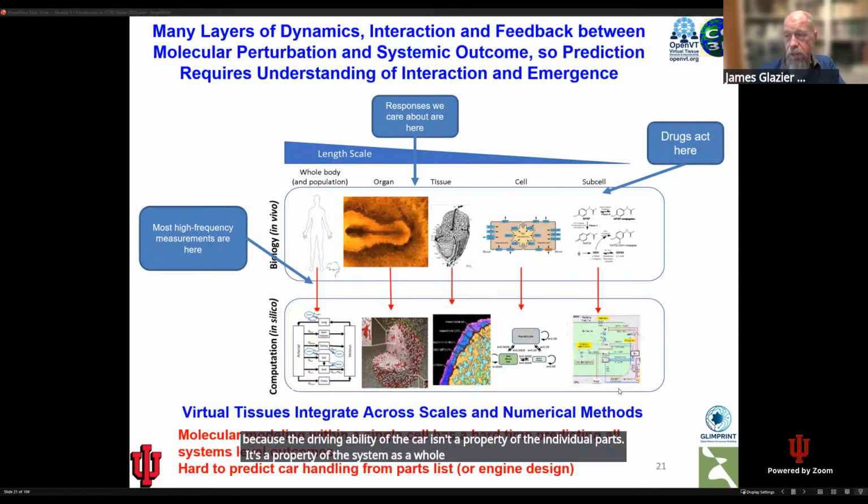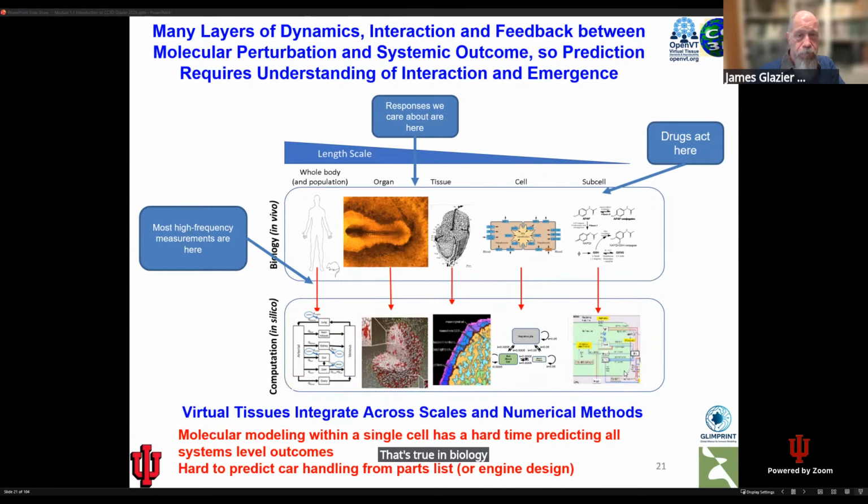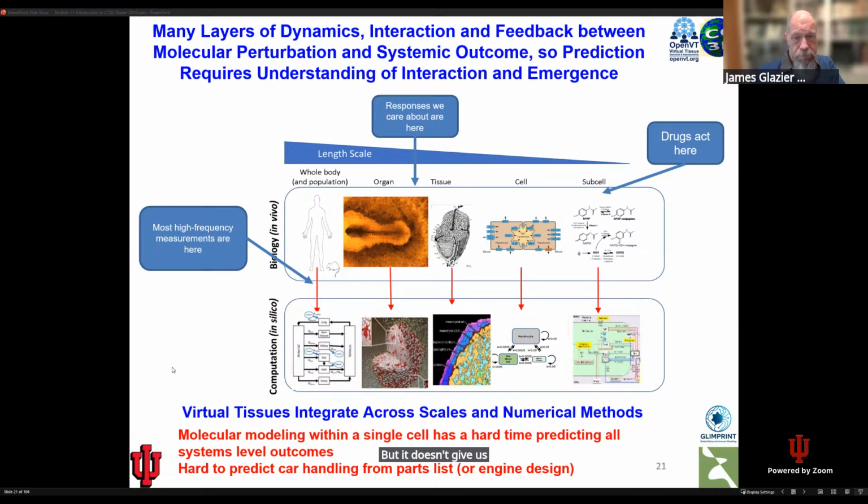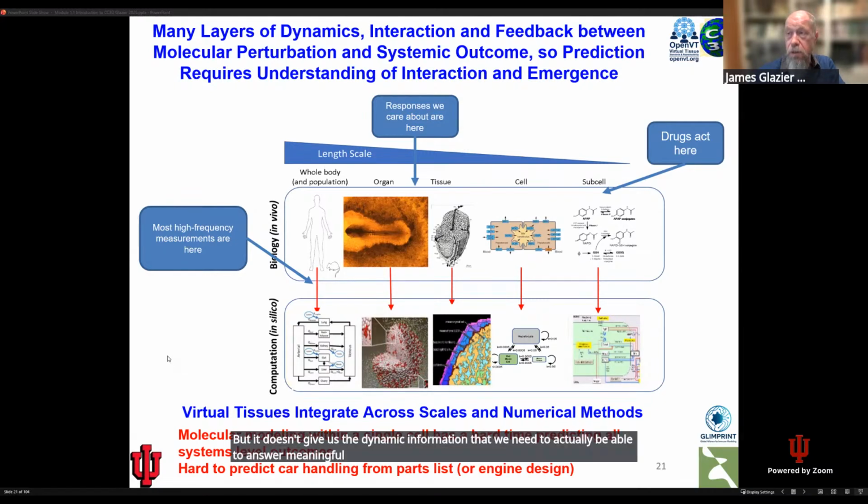That's true in biology in general, and it means that a lot of classical genomics and other kinds of omics give us the components that we need. These days, omics also tells us about interactions to some extent, but it doesn't give us the dynamic information that we need to actually be able to answer meaningful biomedical questions.